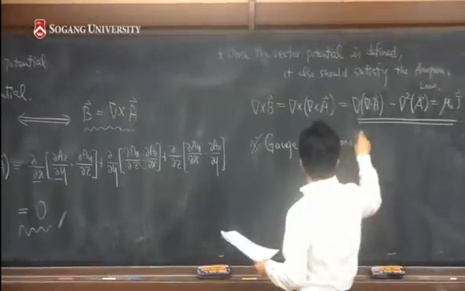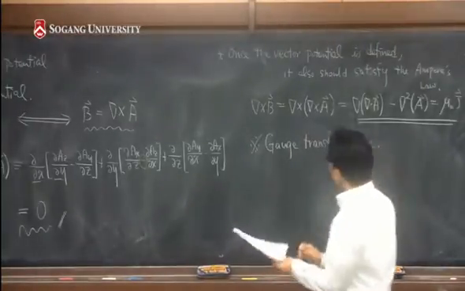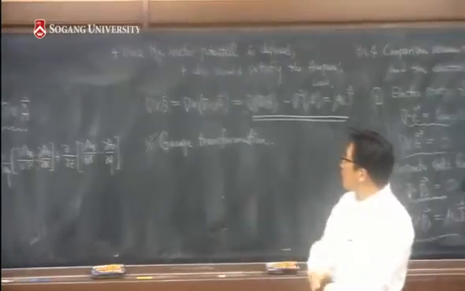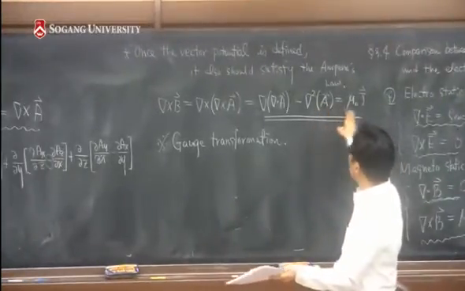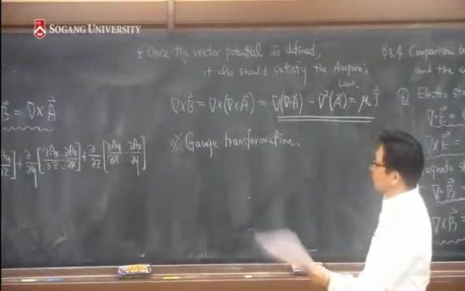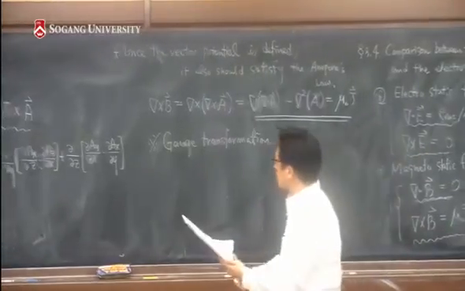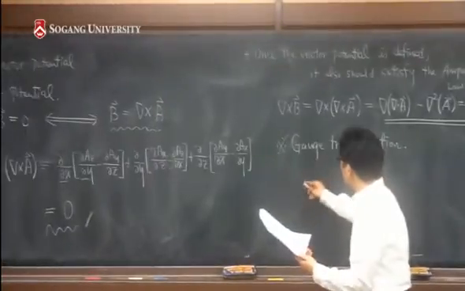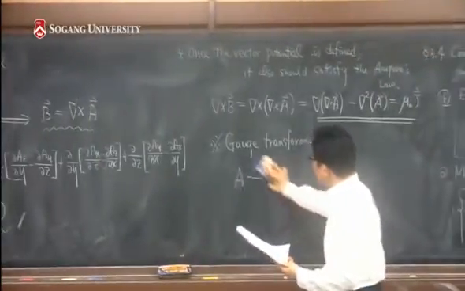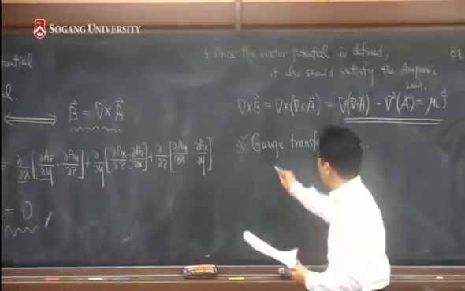So different gauge transformed vector potentials specify the same current density in a space. Let's say there is a vector potential A in a space.